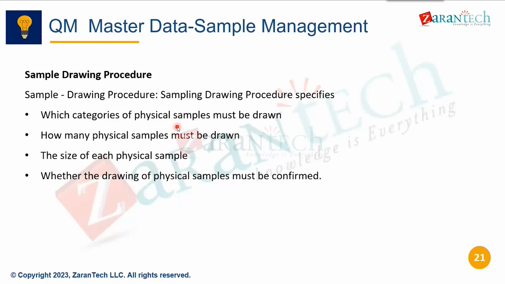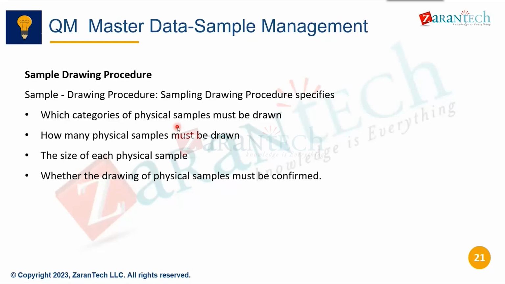Because of that, in the system for this kind of sample we use the sample drawing procedure. Each physical sample has its own identity, meaning one number will be created for that, and against that number we will enter the results. So this sample drawing procedure will define the size of the physical sample to be created, and what kind of sample, whether it is a pooled sample, reserved sample, or primary sample.